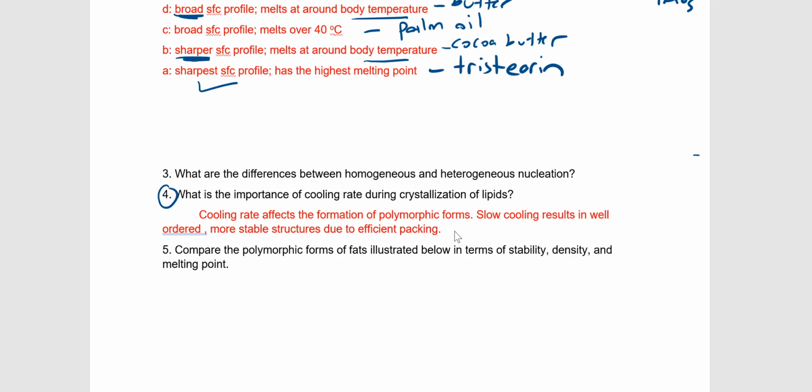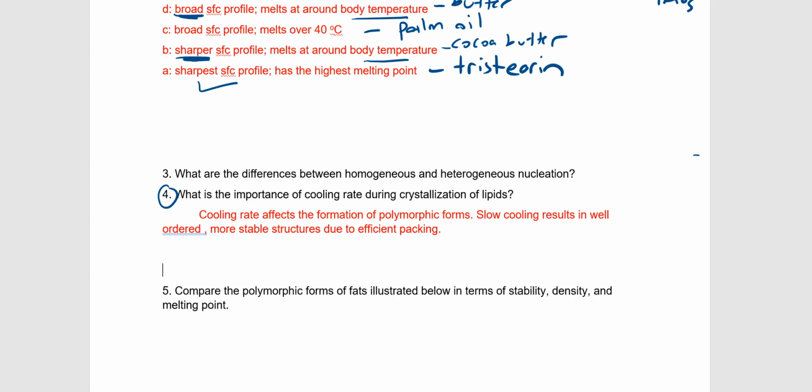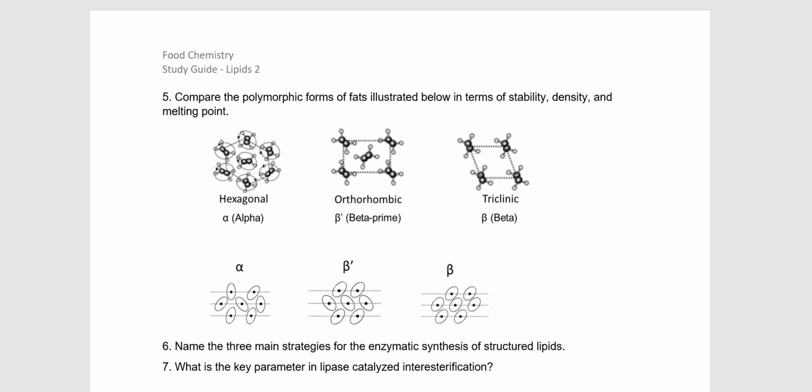Okay, let's look at question 5. Compare the polymorphic forms of fats illustrated below in terms of stability, density, and melting points. So we have alpha, beta prime, and beta. These are the cross-sectional shapes of the packed structures.